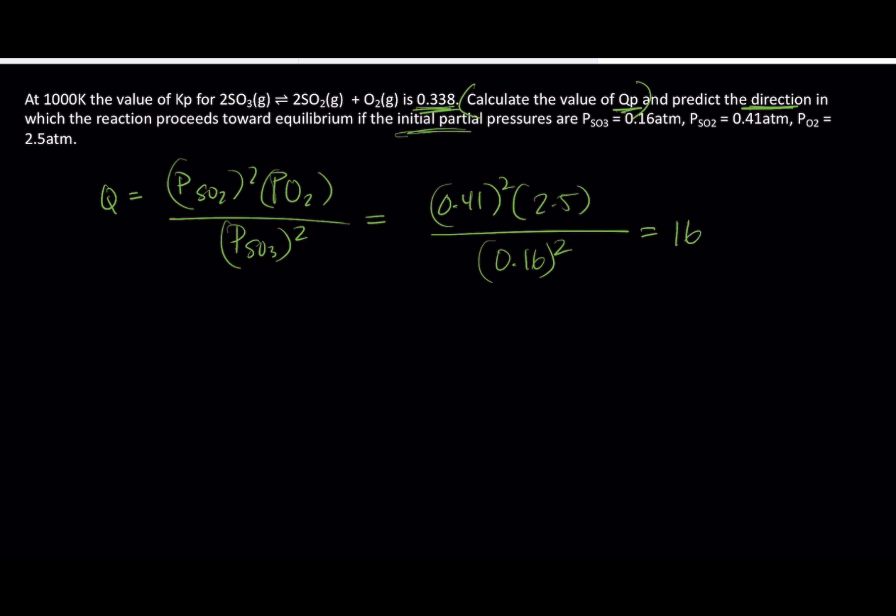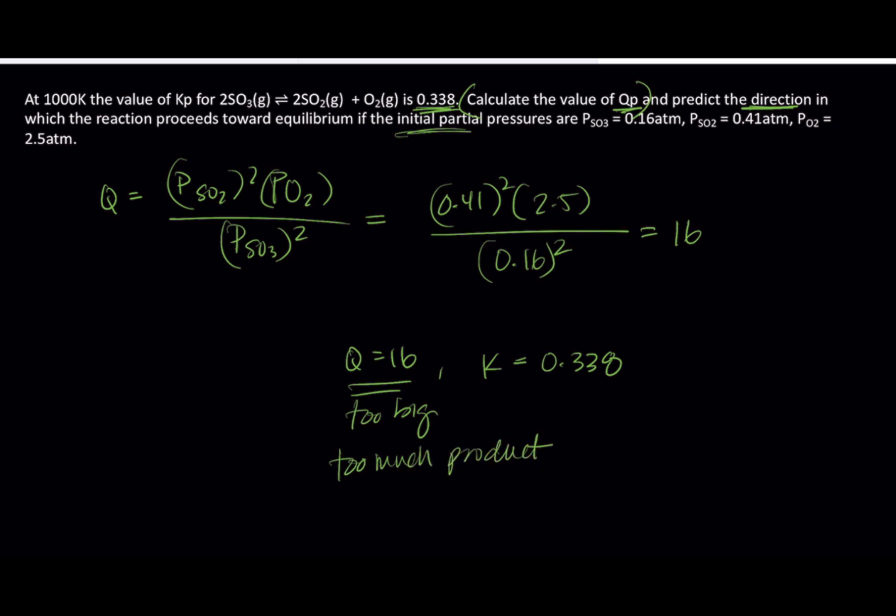And then we would look at Q versus K. So if Q is equal to 16 and K is equal to 0.338, what that means is this value is too big. One way to look at that is to see that there is too much product present.